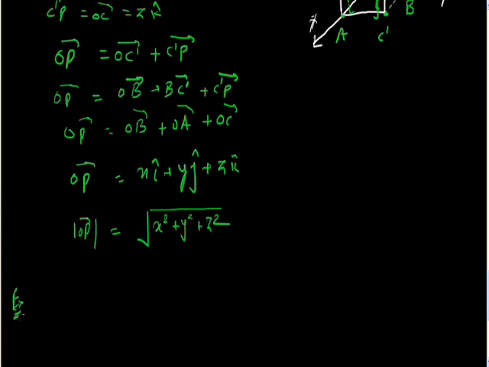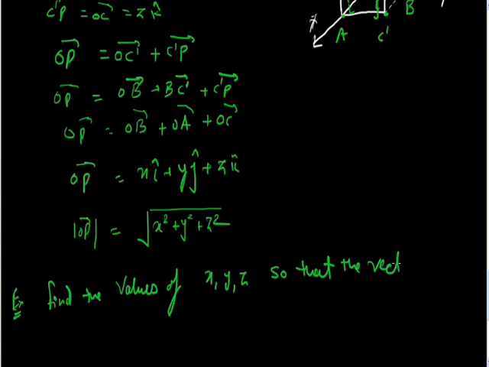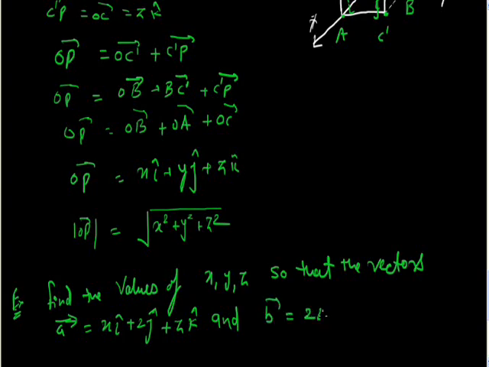Now let's take an example: find the values of x, y, z so that the vectors A equals x i cap plus 2j cap plus z k cap and B equals 2i cap plus y j cap plus k cap are equal.